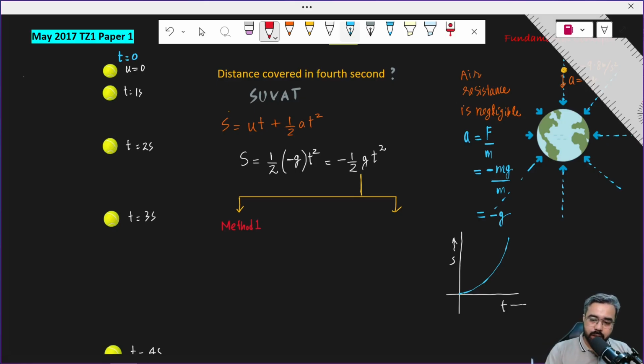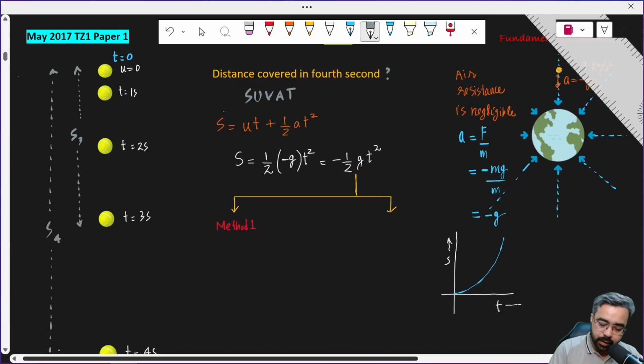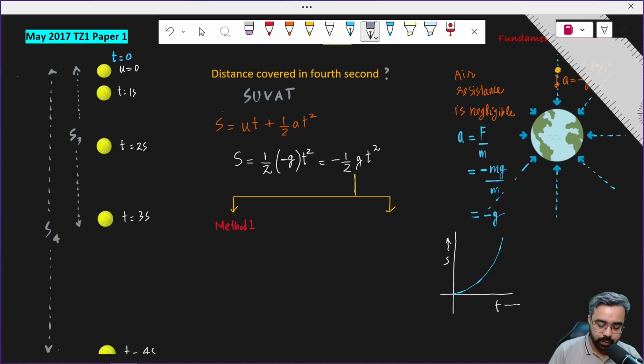I mean to say, why not find the distance covered in the third second and the distance covered in the fourth second? Let's call it S4, right? And I'm saying distance, so I will just take positive values. So don't you think the distance covered in the fourth second is S4 minus S3?